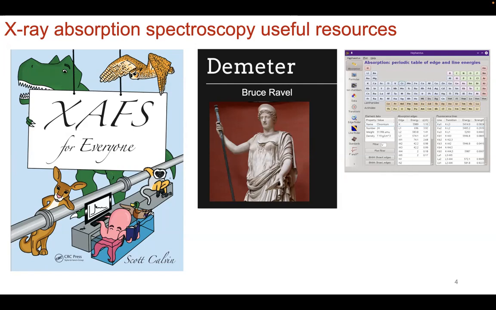But there's now also, for many years now, a helpful GUI where you can process your data in Athena and then fit it in Artemis, and also prep your samples with this periodic table that you see here. That's called Hephaestus, and the whole package is called Demeter.